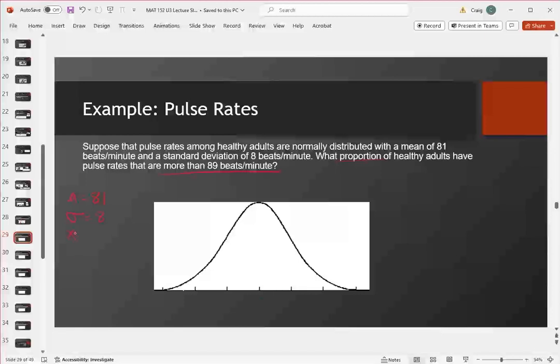We're interested in 89 beats per minute. So the z-score, 89 minus 81 divided by 8. Is that just 1? That is just 1. Your z equals 1.